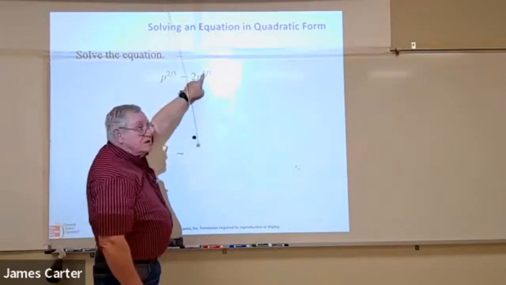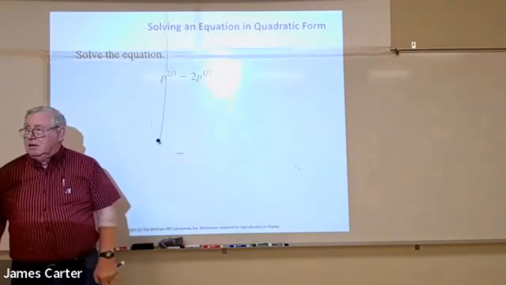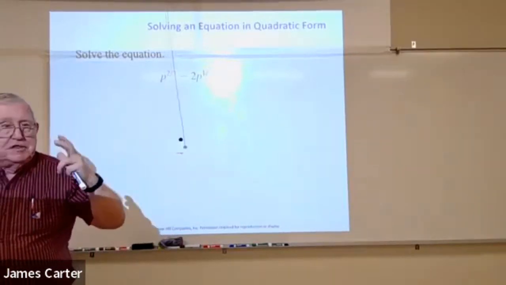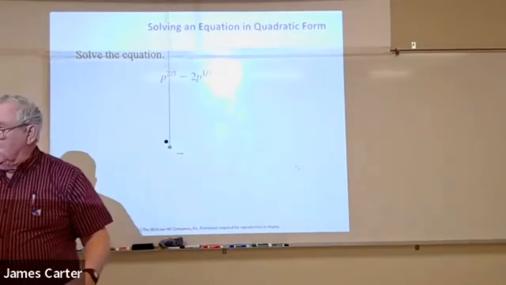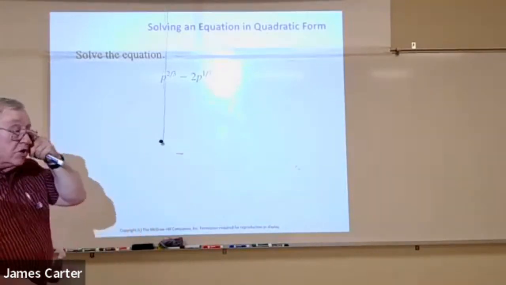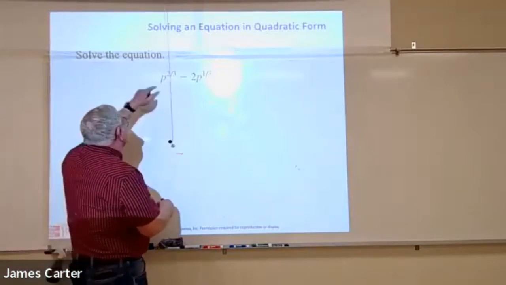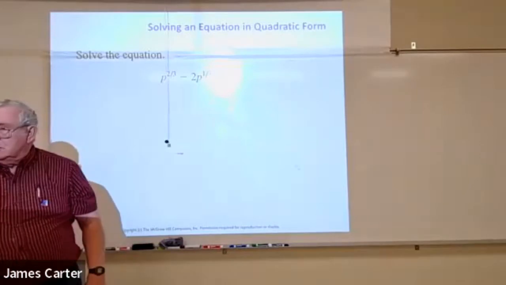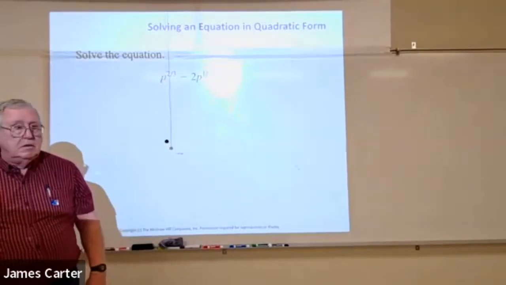This one's twice as big as that one. Just like we had before, that square on the first parentheses was twice as big as the one on the next parentheses. As long as this first term power is twice as big as the second term power, you can do that substitution trick. Okay?